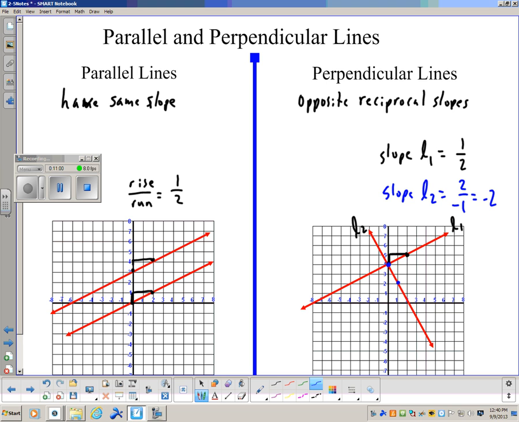And so you can see how they're opposite reciprocal slopes. That first one is 1/2. So that's the positive one. Reciprocal means you flip that fraction, so you flip it upside down, so it becomes 2/1. And line 1 there is a positive 1/2, and line 2 there is a negative. So one's got to be positive and one's got to be negative. So there we have opposite reciprocal slopes.